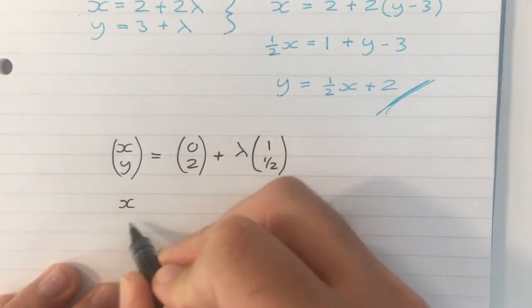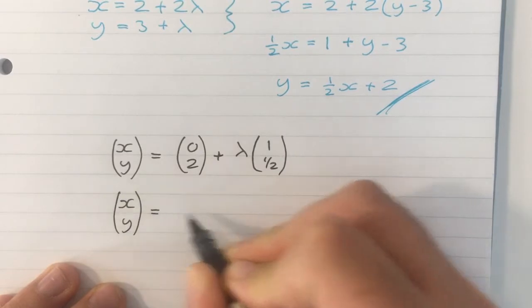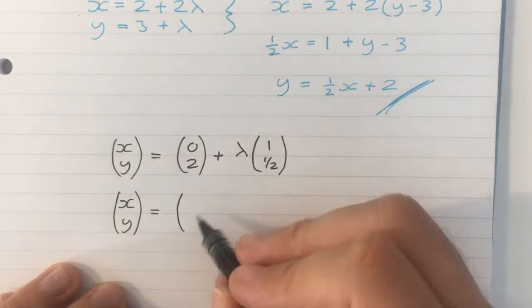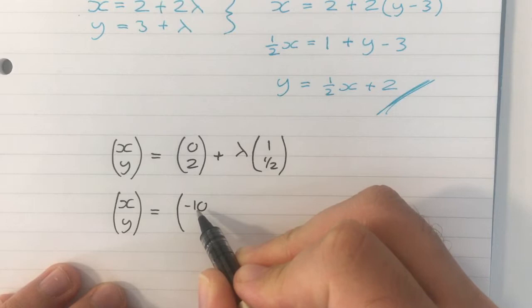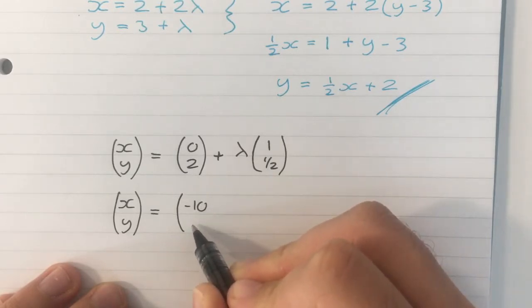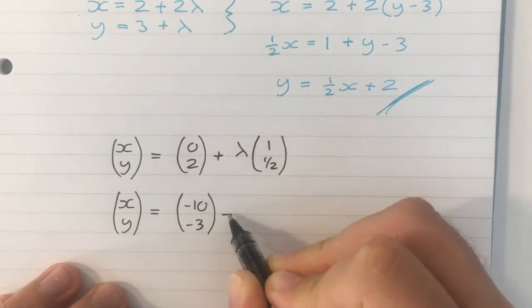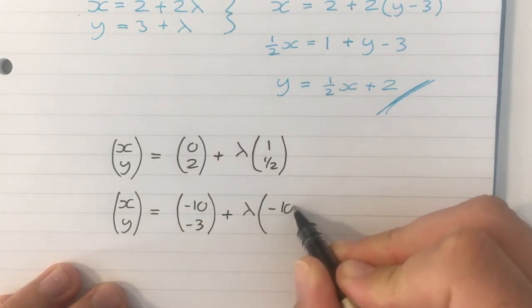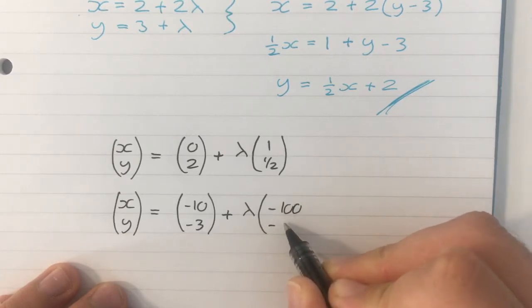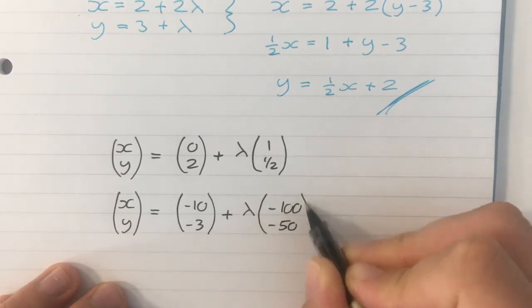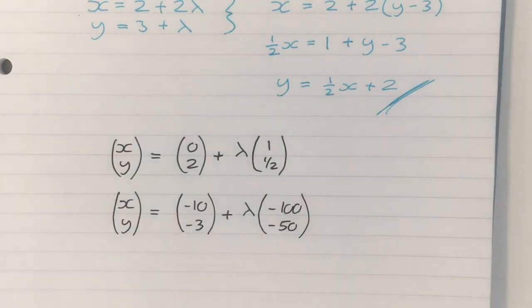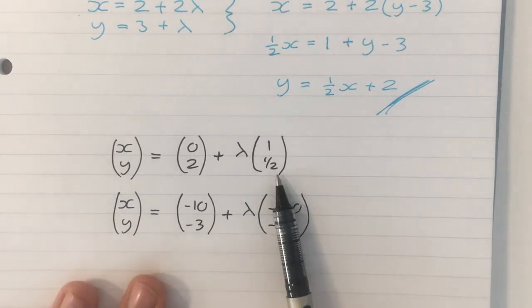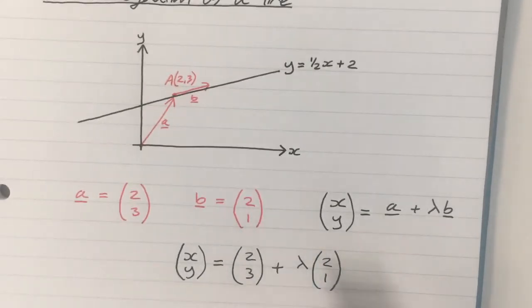Or we could have (x, y) equals, let's go with (-10, -3) plus lambda times (-100, -50). Okay? That's also a vector equation of the same line, because this point is a point on the line, and this is the same direction as this vector, and this vector, and so on.